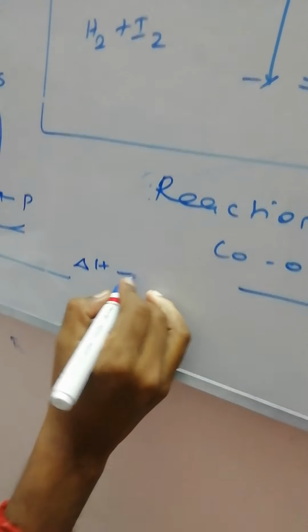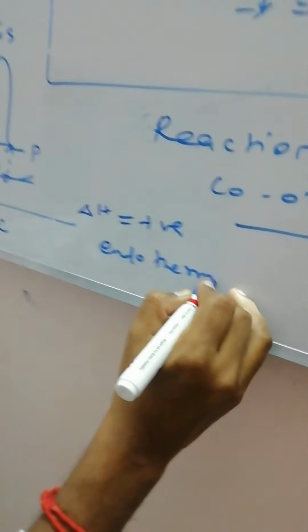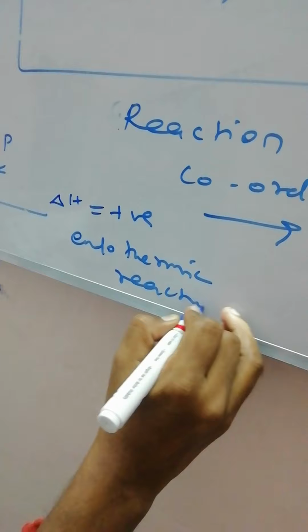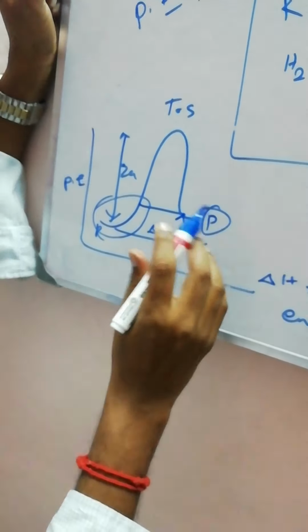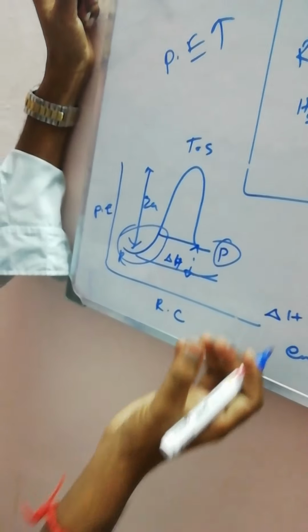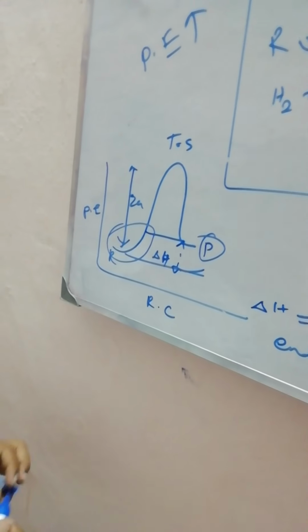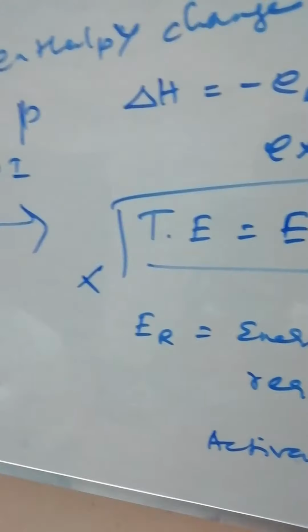Delta H positive means an endothermic reaction, where the energy present in the initial stage is less than during the formation of the product. Heat is absorbed from the surroundings means endothermic. Heat given to the surroundings means exothermic.